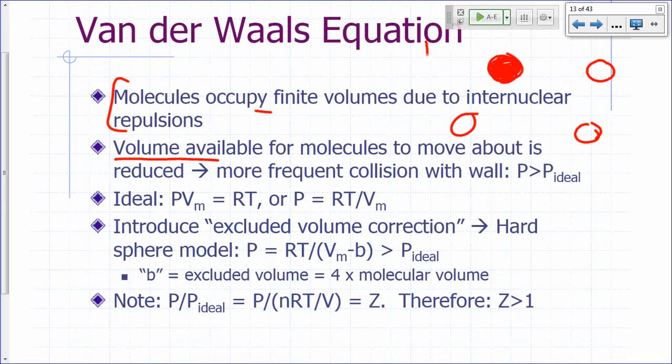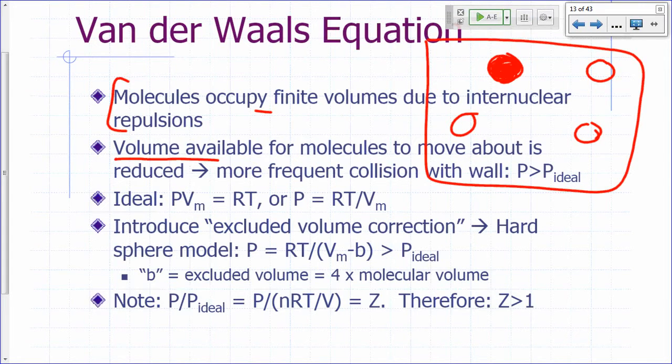So we say that the effective volume in your container that the molecules can roam around in is reduced by the volumes occupied by the molecules themselves. So the volume available for molecules to move about is reduced. And if it is significantly reduced, then the molecules will collide more frequently with the walls.